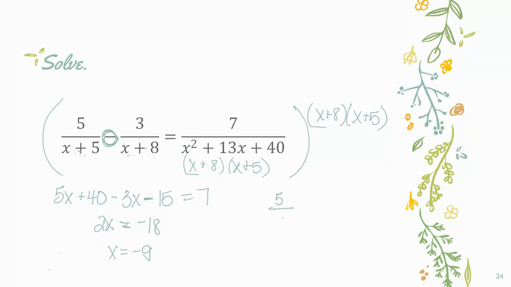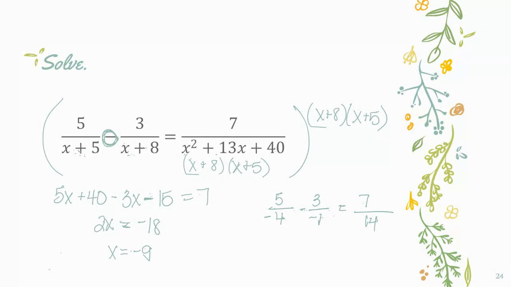So 5 over 4 minus 3 over negative 1, negative 4, my bad, equals 7 over 81 plus 40 is 121 minus 107. 121 minus 107 is 14, right?